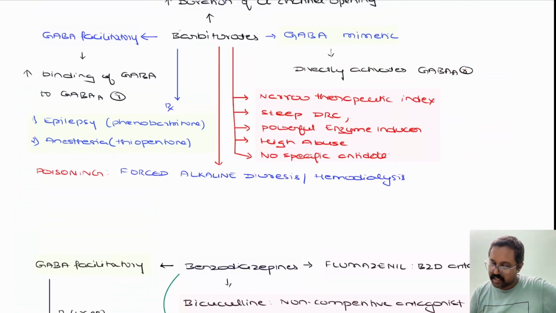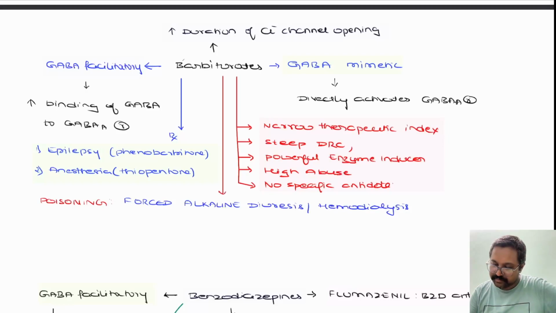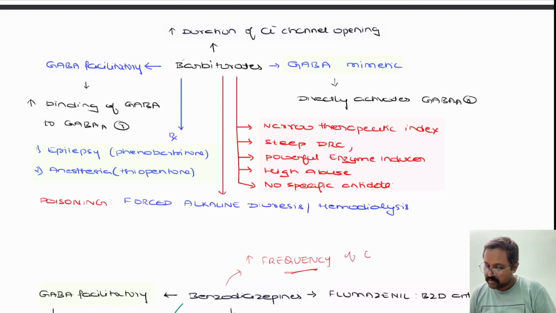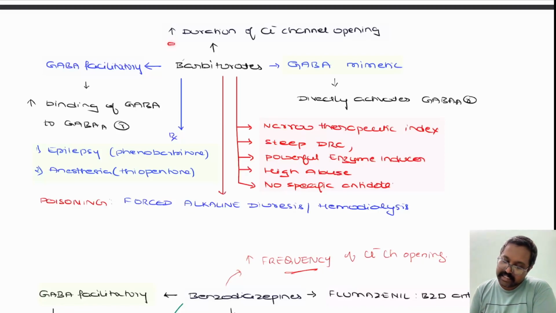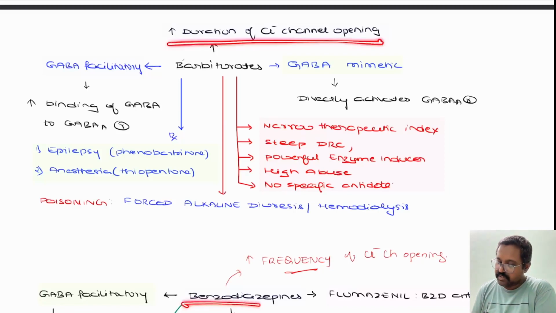So please remember, barbiturates increase the duration of chloride channel opening. Benzodiazepines increase the frequency of chloride channel opening.